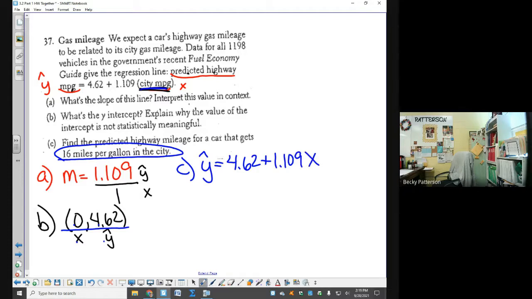Write my formula first. Now I'm going to plug in 16. So y hat equals 4.62 plus 1.109 times 16. Grab your calculators.